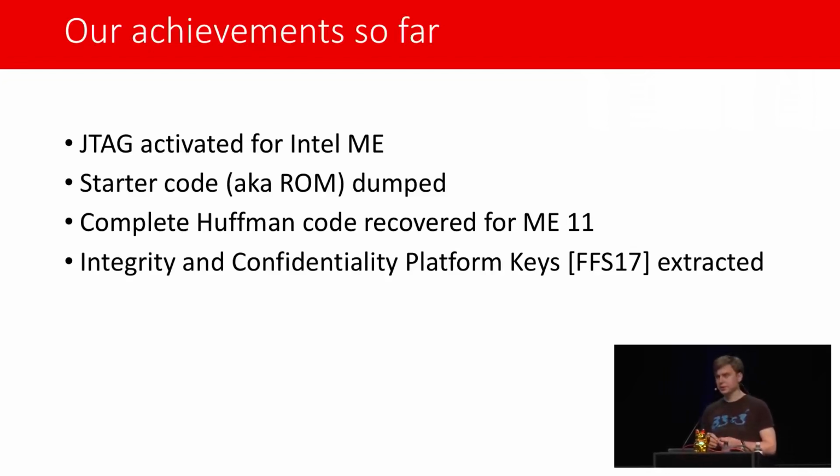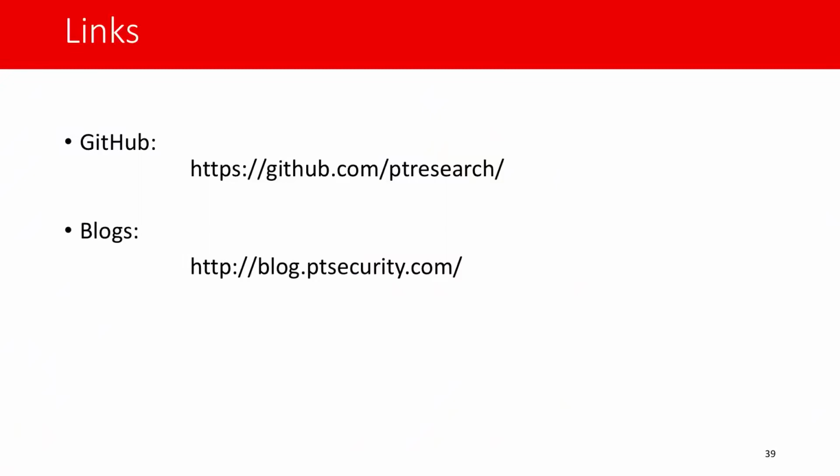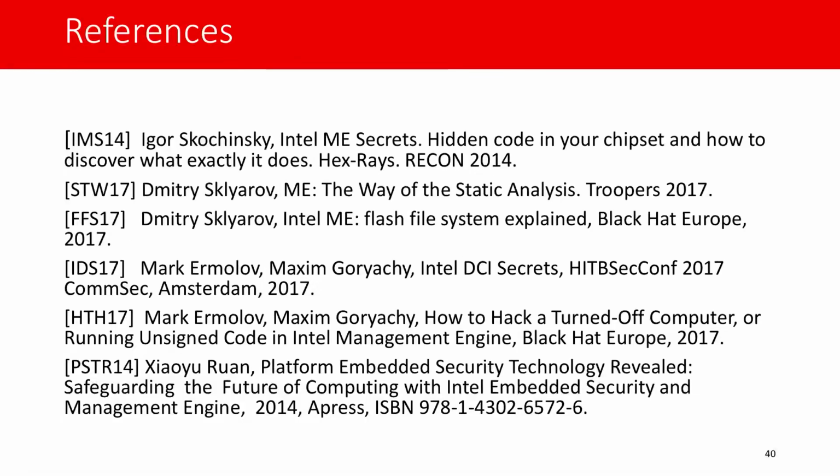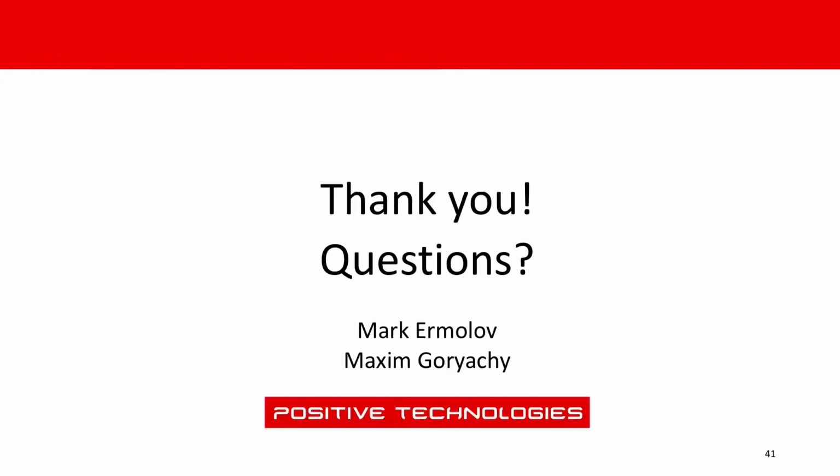It means that you can decrypt and integrate your files into ME, and ME doesn't detect it. You can find links on our GitHub page, our tools for ME reversing and researching, and our blogs with our articles and references. Thank you for your attention.